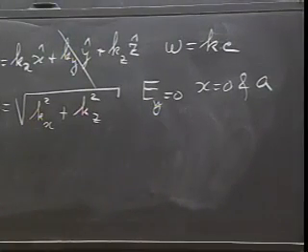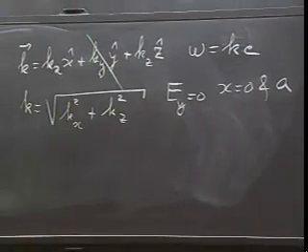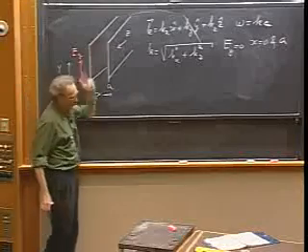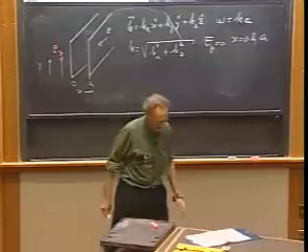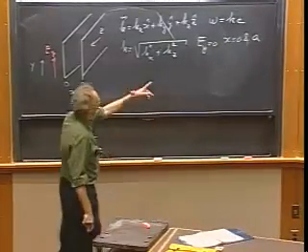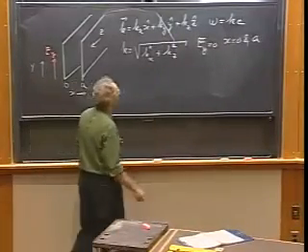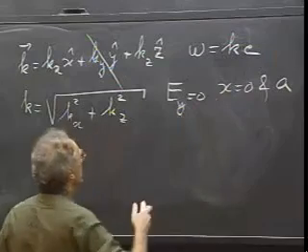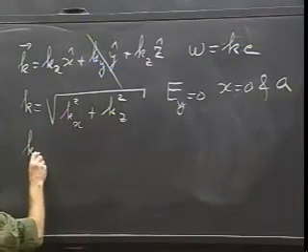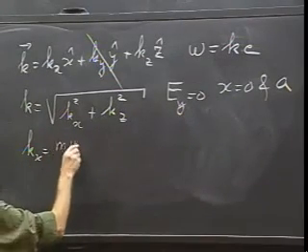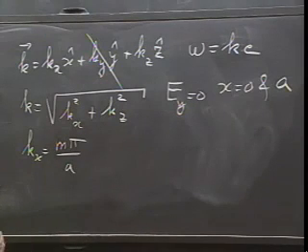As a result of that, you're going to get a standing wave in the x direction, and a traveling wave in the z direction. And the boundary conditions demand now, in order to meet this, that the k of x is going to be m pi divided by a.